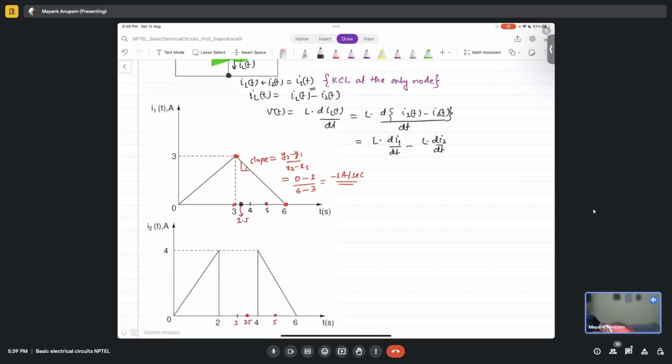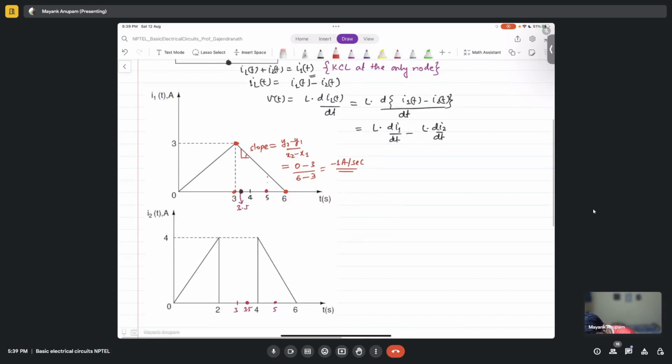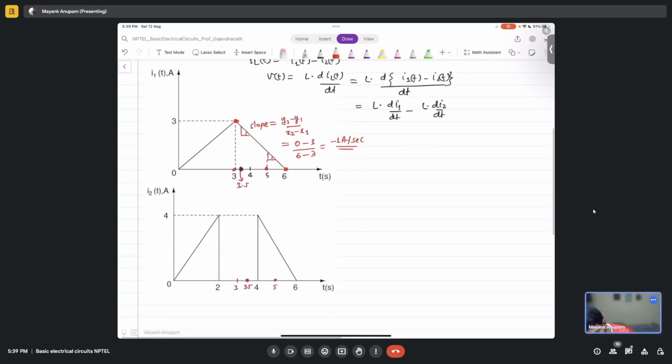Similarly, at 5 seconds also this is the same slope, right? Yes, sir. The slope at 3.5 and 5 seconds is the same.